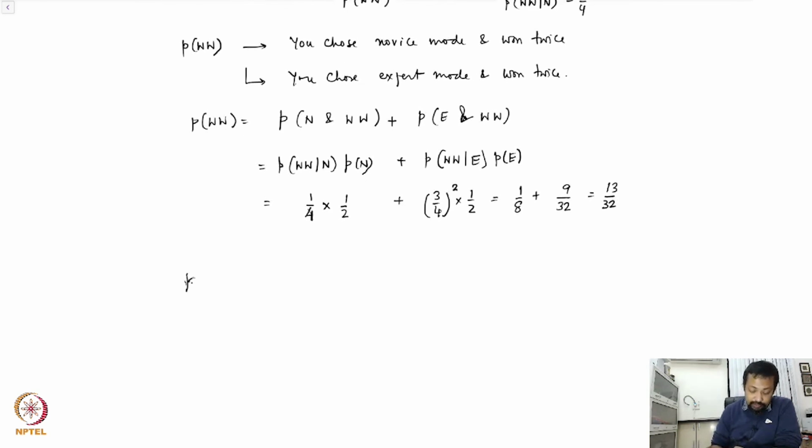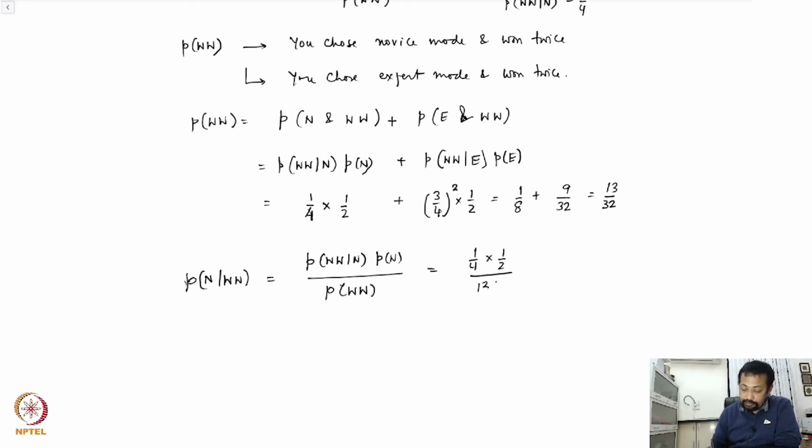So now I can calculate P(n|WW) as P(WW|n) P(n) divided by P(WW), which is 1/4 times half, divided by 13/32. So this is going to be 4/13, which is approximately 0.31.